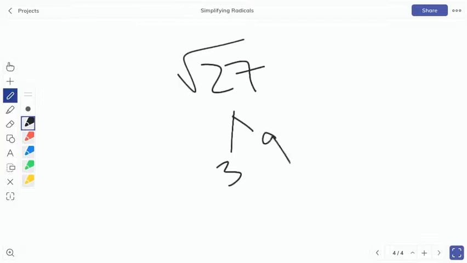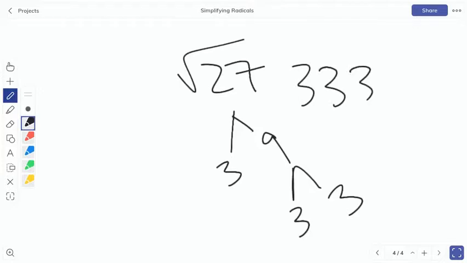27 divided by 3 is 9. Now we have to figure out the largest number that goes into 9. The largest number is 3. Now we divide 9 by 3, and we are left with 3. Now we have 3 3s: 1, 2, 3. Because we are working with a square root, in order to take a number out of the square root, it must be squared.